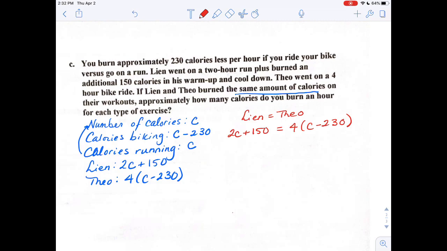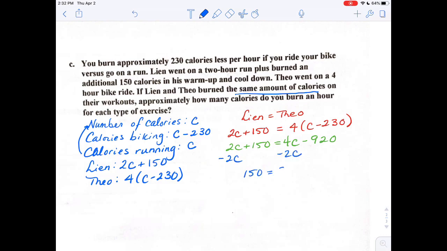And now we're going to solve it by using our distributive property on the right for that 4C minus 920. And then I'm going to subtract 2C to get all my variables on one side.